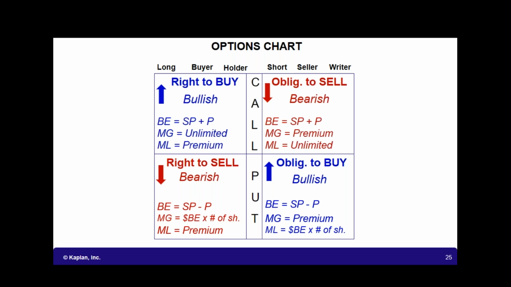So we filled out our option chart for our basic option strategy so far. And as you can see, the calls have the same break-even calculation. Puts, long and short, have the same break-even calculation. But you have to remember, we don't see the word unlimited on the put side. That's only on the call side. So when you see unlimited, especially that unlimited loss, notice that that is a short call.